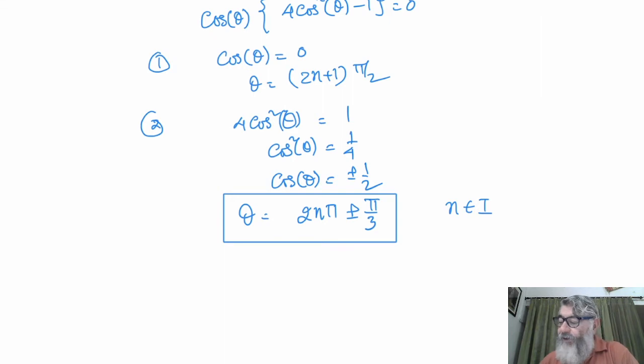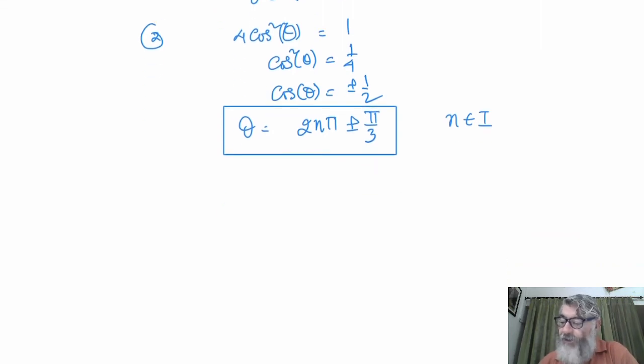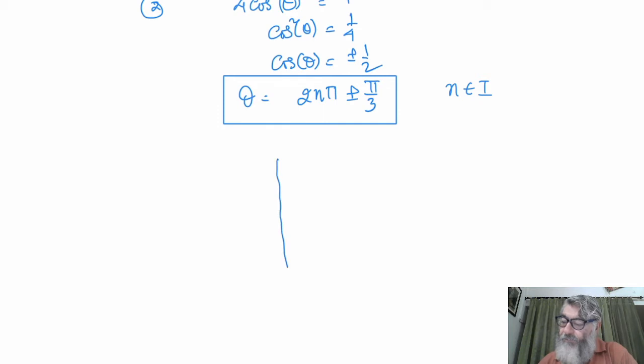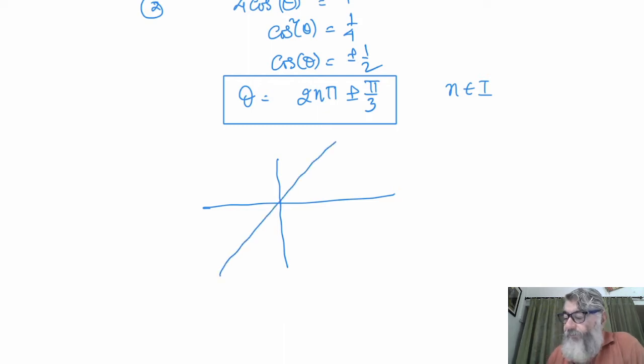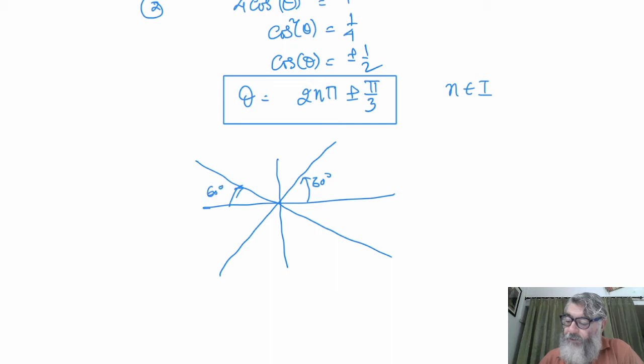For example, if we are looking for a principal solution, just look at this figure. If theta is pi by 3, that is 60 degree, then this angle is 60 degree, this is 60 degree, this is also 60 degree. Because cos is positive in the first and the fourth quadrant, and it is negative in the second and the third quadrant, so the value corresponding to second and third will also come, which is minus 1 upon 2.